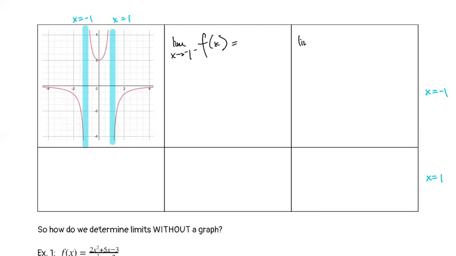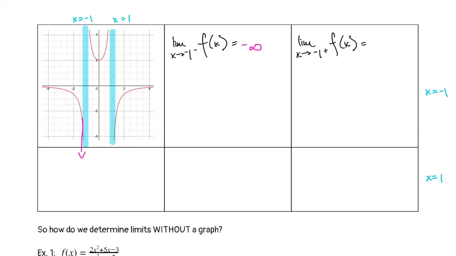And what's the limit as x approaches -1 plus of f of x? Okay, so let's start with the negative, x equals -1 asymptote first. Tell me about the left-hand behavior there. From the left side of -1, what is the function approaching? Yeah, that's definitely going down to -infinity.